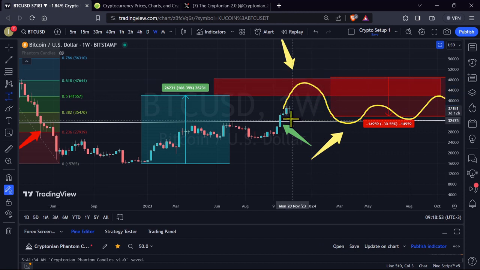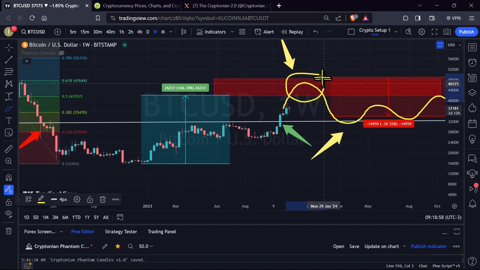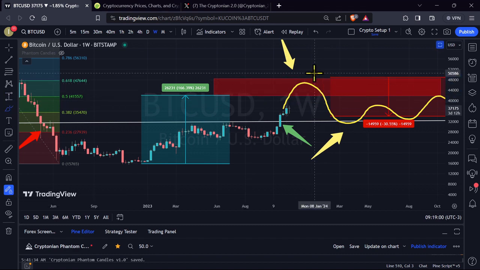So we're not very far away from this rejection zone that we've seen Bitcoin hit in the prior two cycles. Of course, the price action was not exactly the same in the prior two cycles, but the price action nonetheless did reflect the basic idea that we went up into this Fibonacci retracement zone.